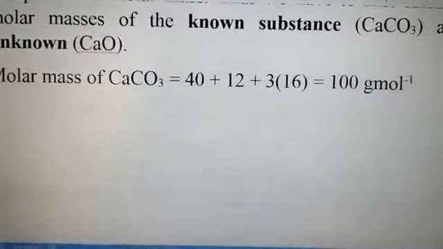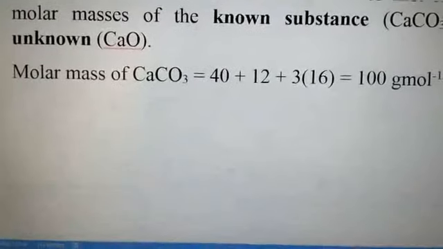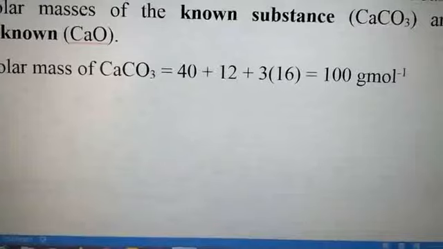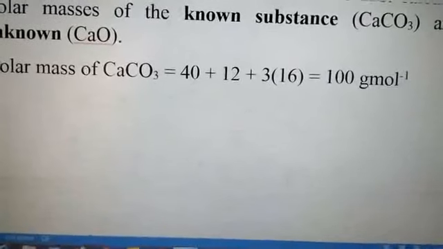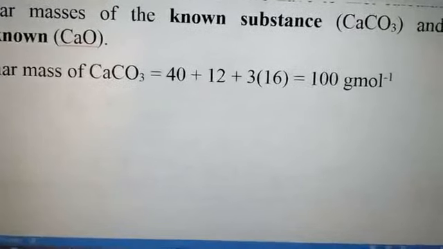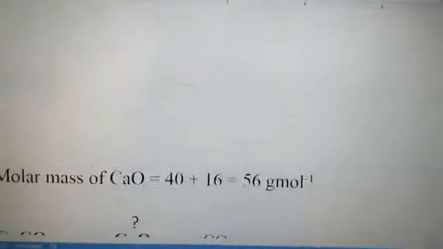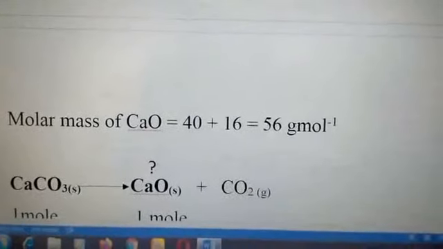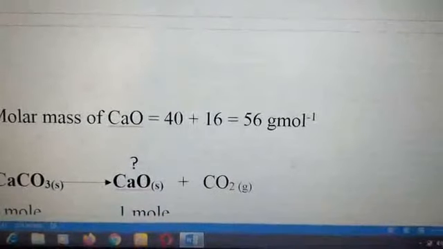The molar mass of calcium carbonate is calculated as before: 40 plus 12, these atomic masses of calcium and carbon being given to you in brackets, plus 16 times 3, giving us 100 grams per mole. That is for the known substance. For the unknown that we're looking for, we find the molar mass: 40 plus 16 gives us 56 grams per mole.